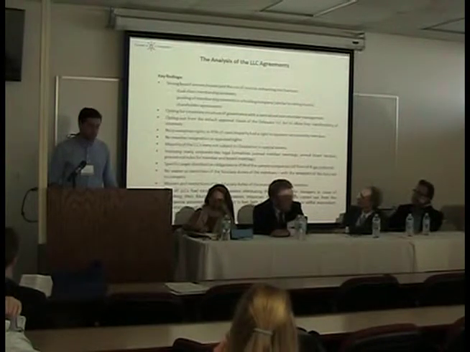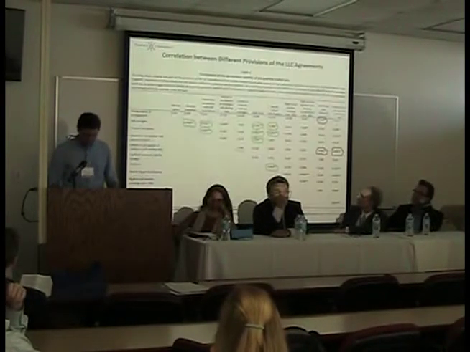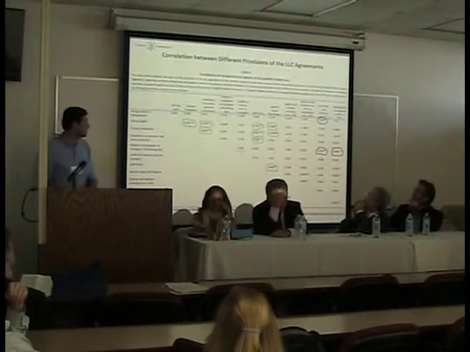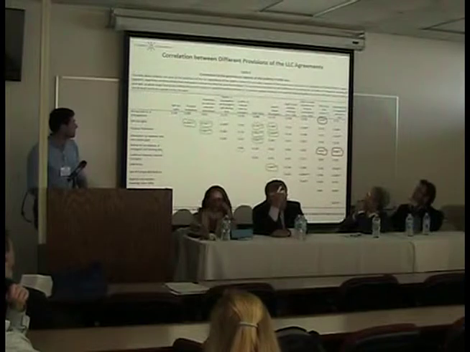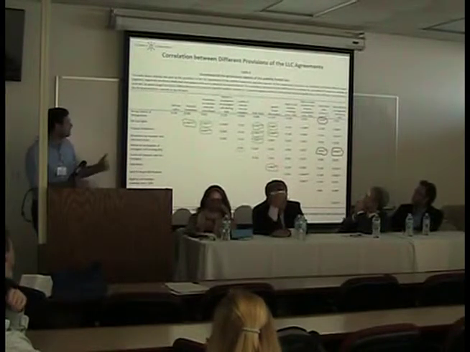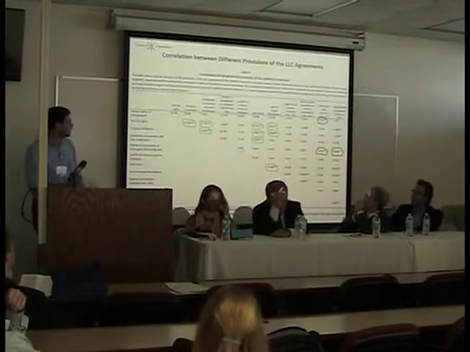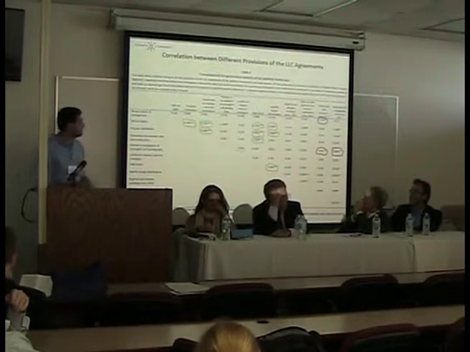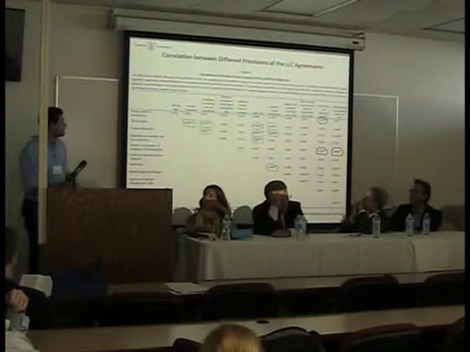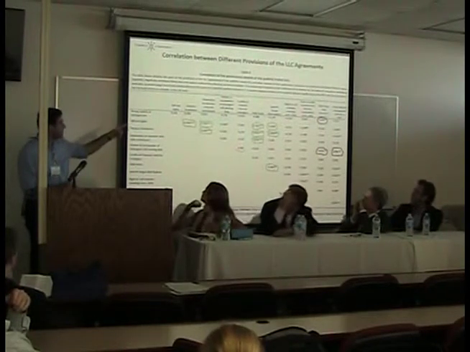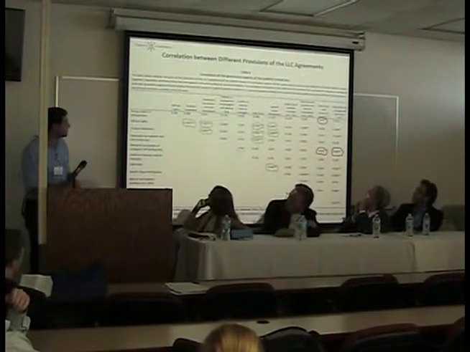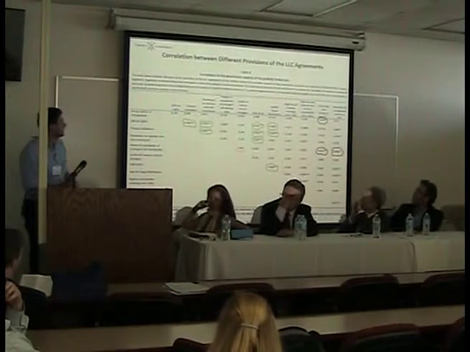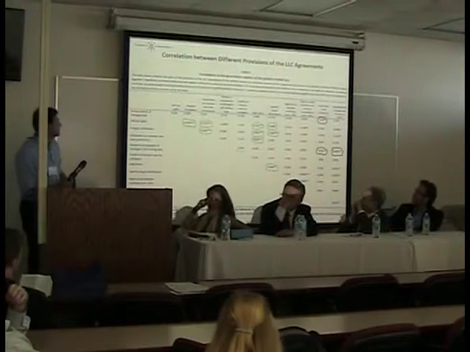And when I tried to see what is the correlation between these provisions in the agreements, and here to see which provisions tended to be used together, which provisions were less likely to be used together, I would like to attract your attention to the numbers which I circled with red and green. These are significant results. First, the numbers circled red.